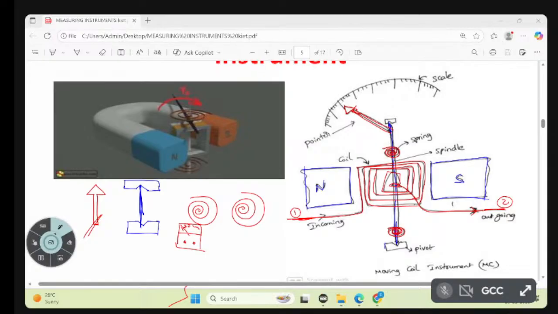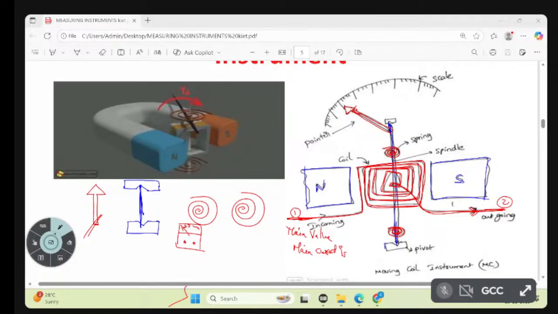What happens? Current I is flowing like this. Current I will flow like this in the coil. So main current, main value, is flowing in the coil.